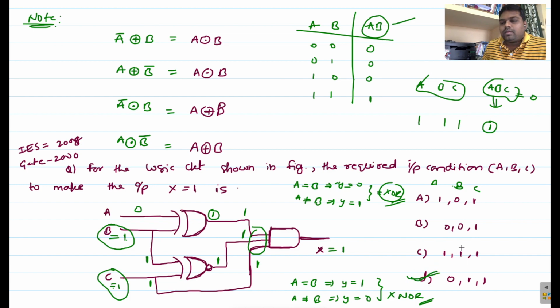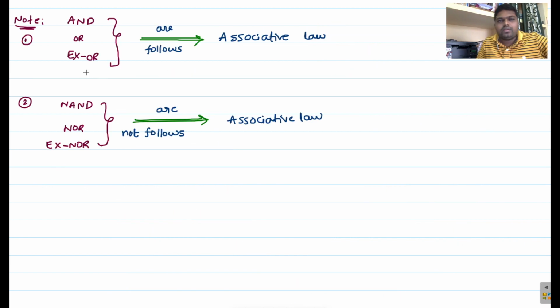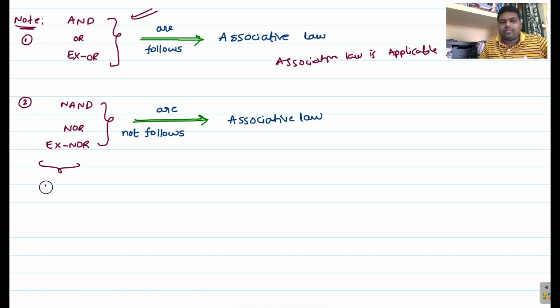Okay, this is about XNOR operation. The next important note here is that AND, OR and XOR logics follow the associative law. That means the associative law is applicable for these three gates, right? And when it comes to NAND, NOR and XNOR, these are all inverted operations.